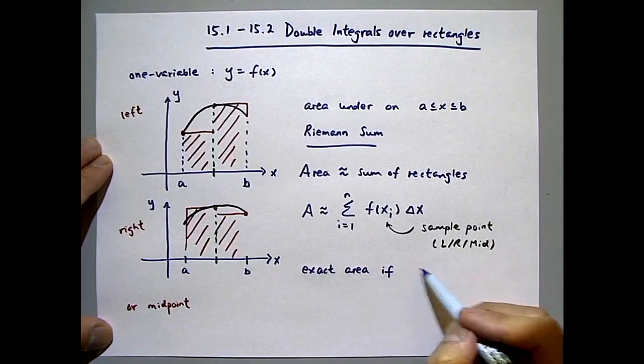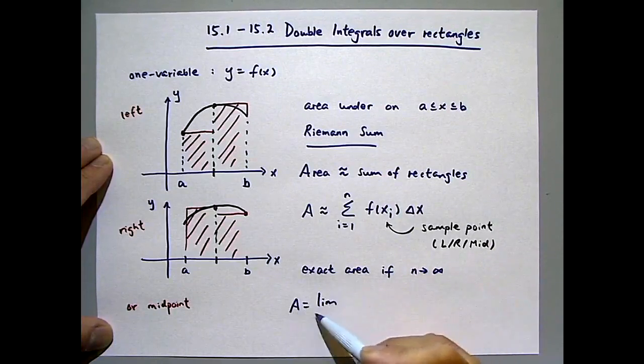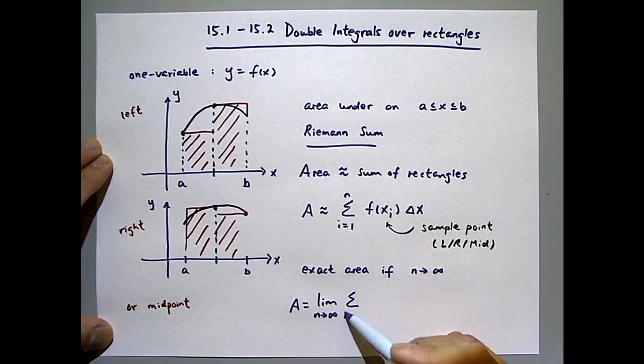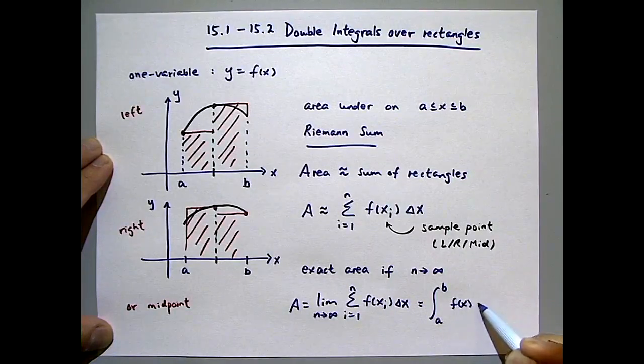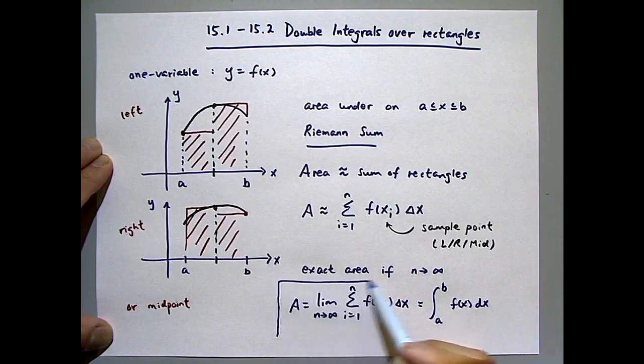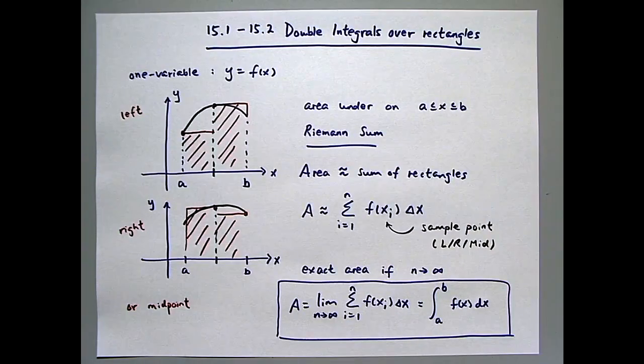We get the exact area if n goes to infinity, right? So we learned that if we take the limit of that expression above, we get a definite integral from a to b of f of x dx. Nothing new here, just a very quick review of the concepts we use, because we're going to be following pretty much the same logical progression.